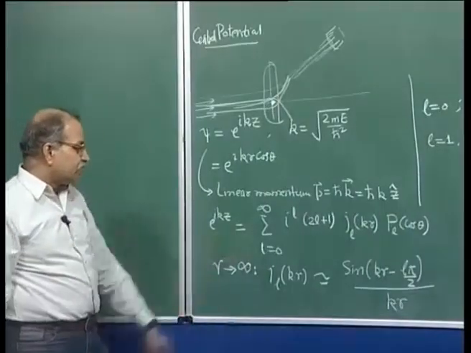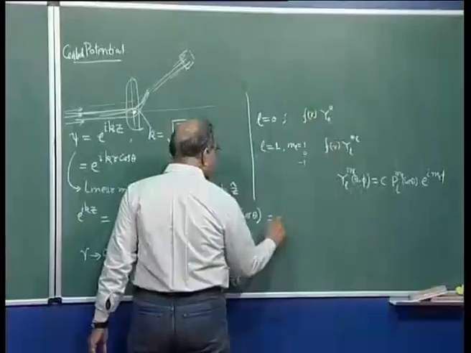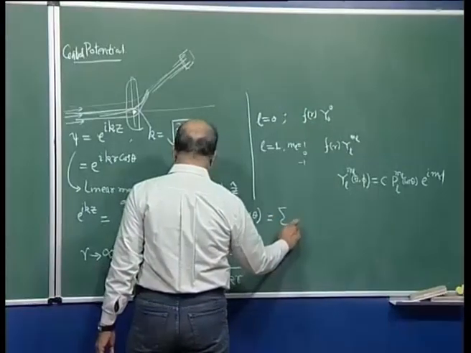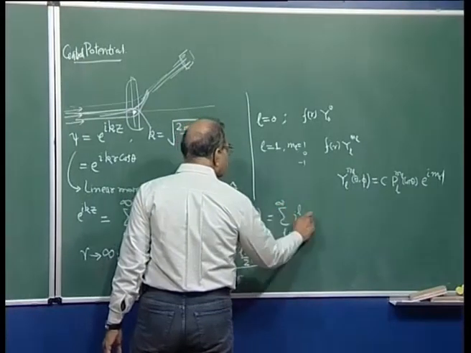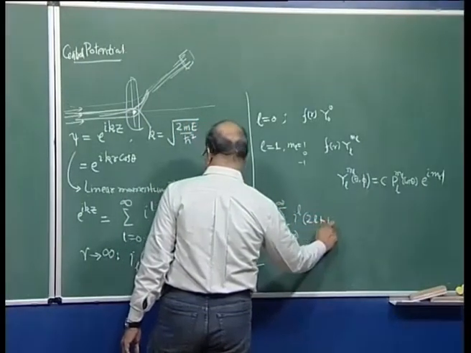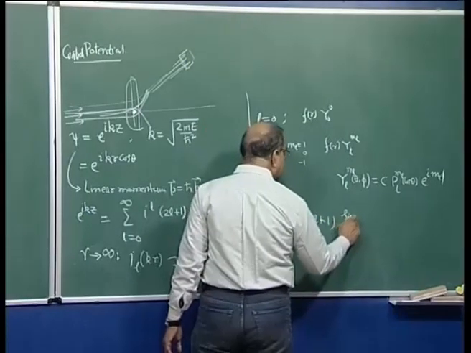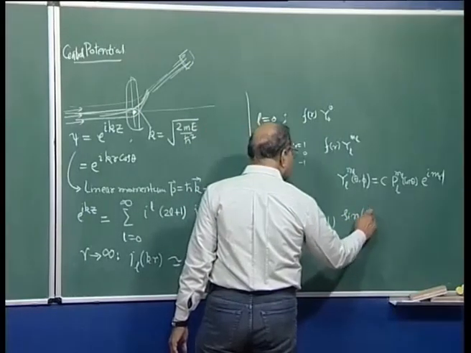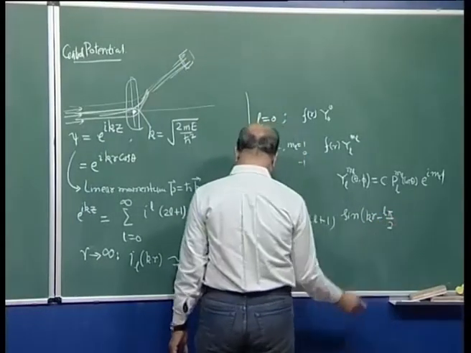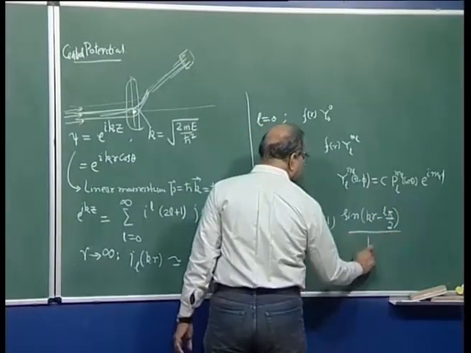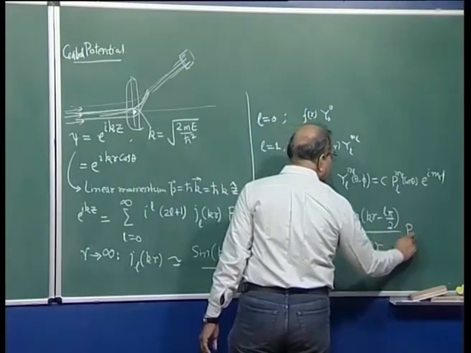So, you can write this wave function as summation over L, i to the power L, (2L plus 1), and then sine of (kr minus L pi by 2) divided by kr, and then Legendre polynomials.